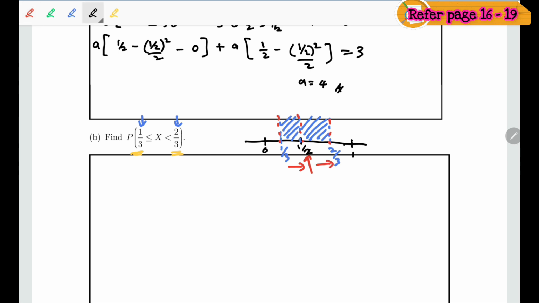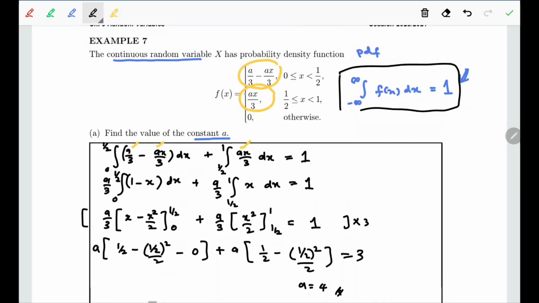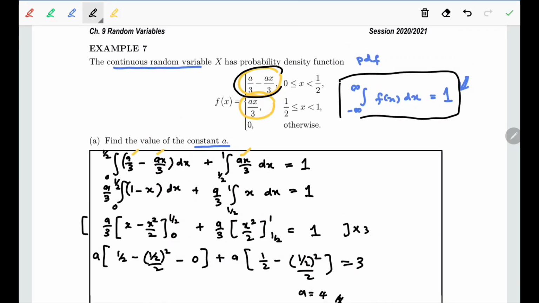So it means we have to separate these two, becoming two integrations. We have to integrate from 1/3 until 1/2 for the first function, which is a/3 minus ax/3.